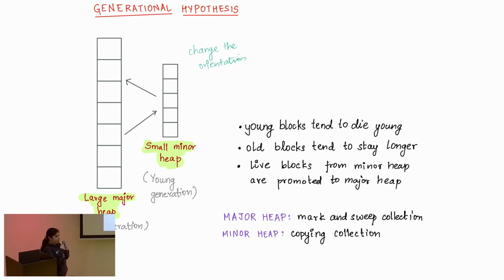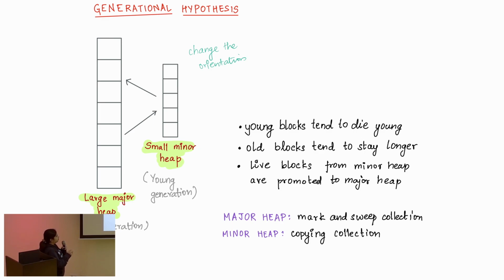So the values that are allocated in the minor heap don't stay for long. Values that are allocated in the major heap do tend to stay for a longer period of time. And the objects that are alive in the minor heap are promoted to the major heap. That is, the objects that are still alive and that are present in the minor heap are copied to the major heap.